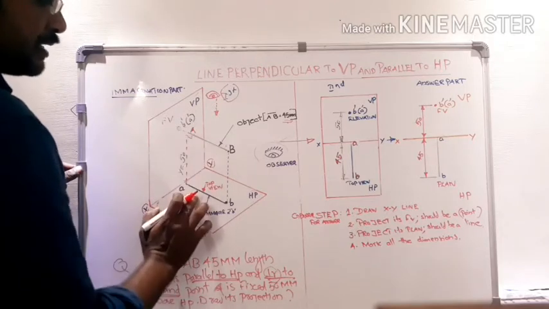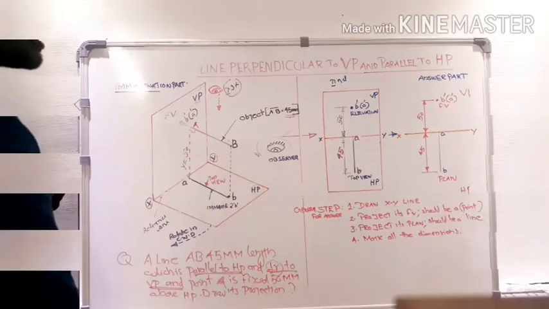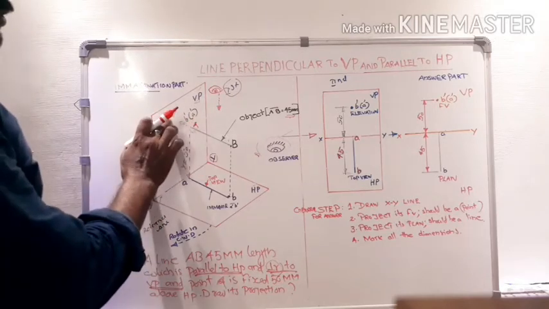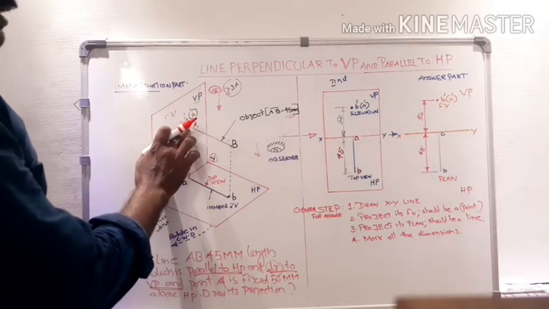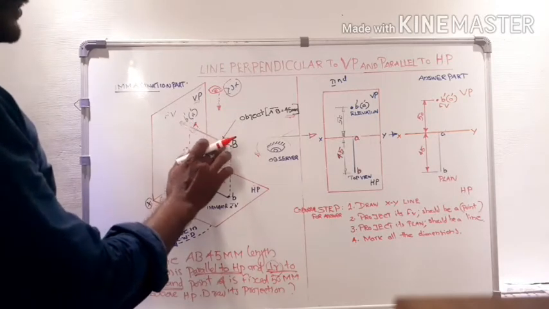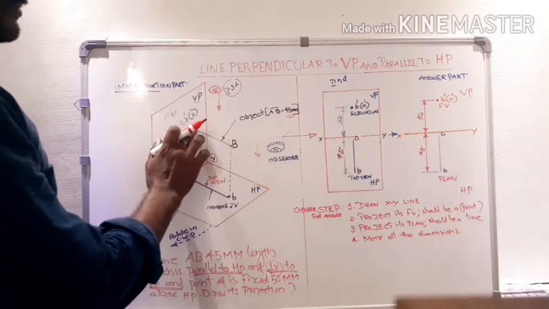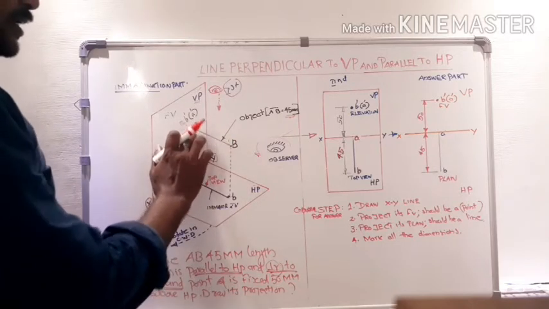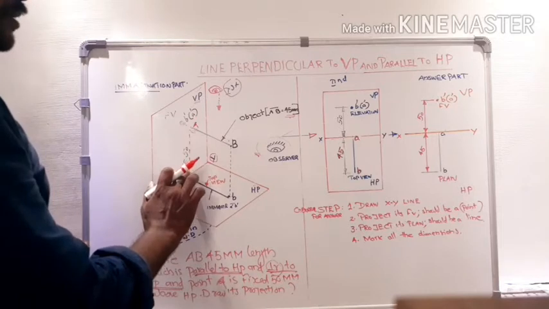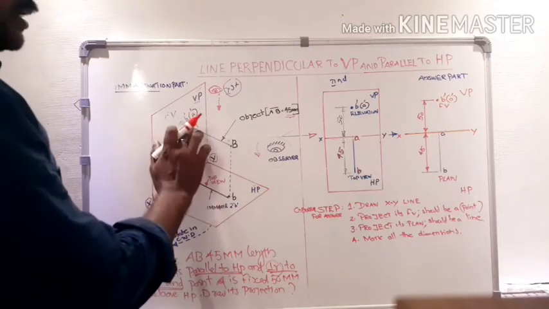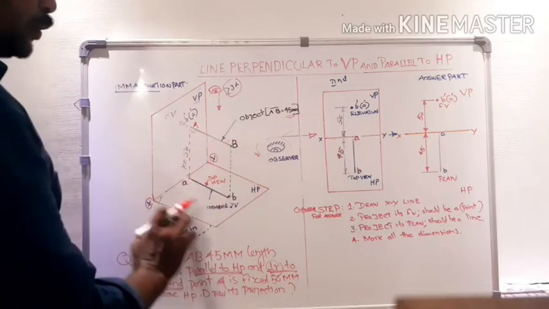By comparing this, we can say that point A, which is nearer to VP, and point B, which is 45 mm far away from point A, and point A is 50 mm above HP, and line AB is parallel to HP.